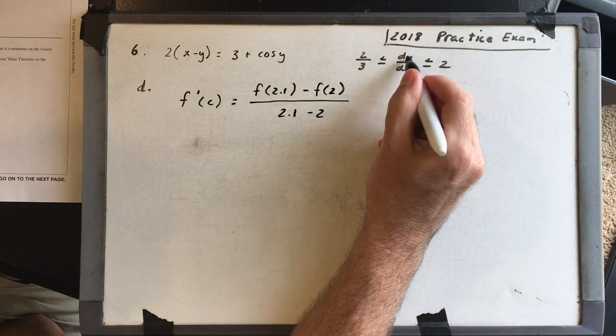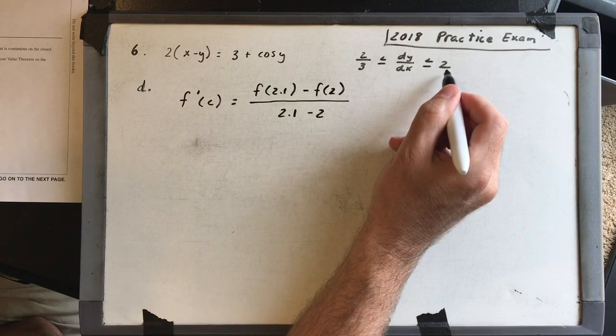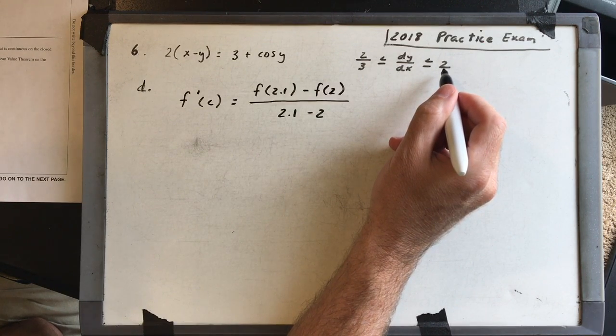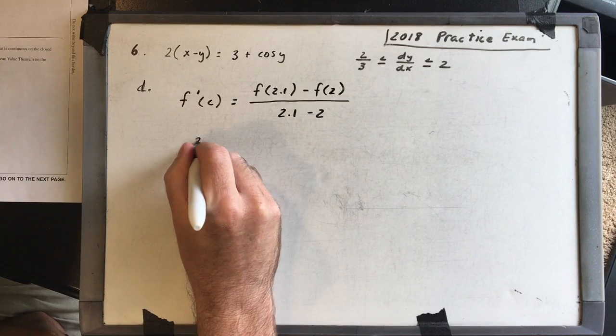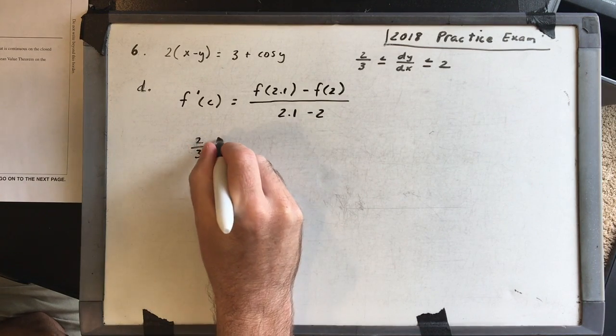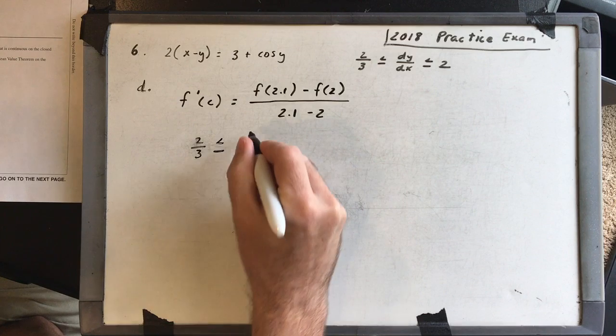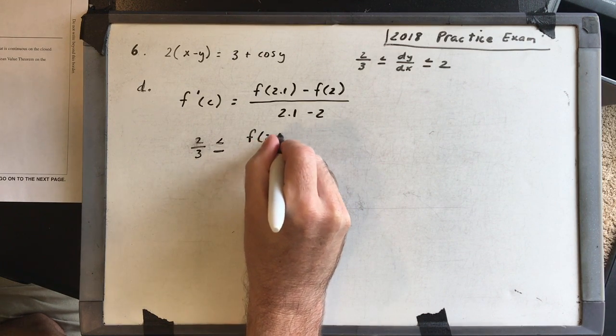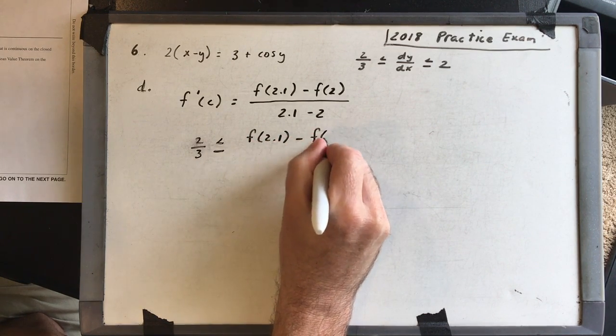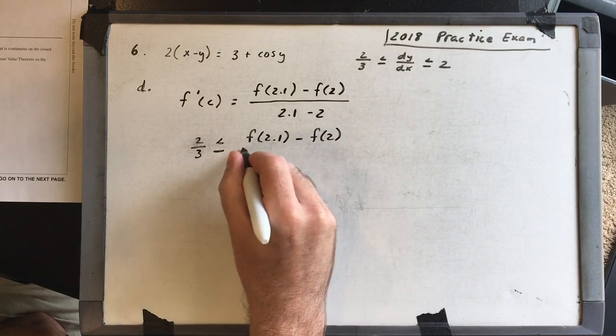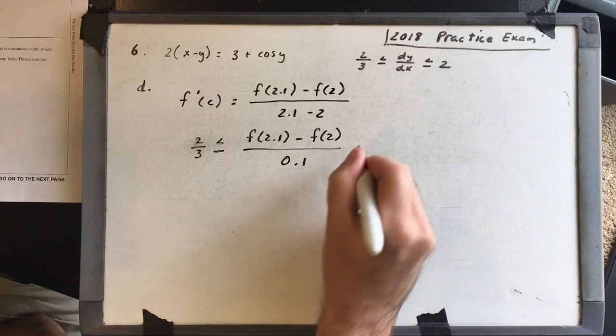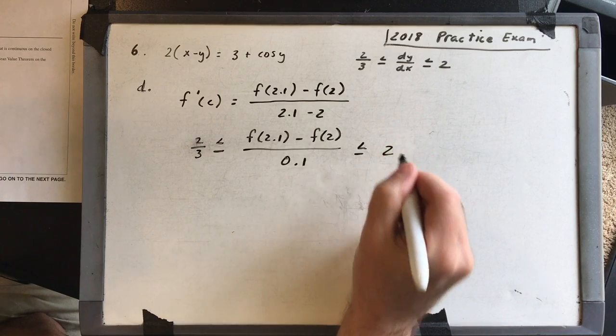Okay, so we know that dy dx is always between 2/3 and 2. So you'd have 2/3 is less than or equal to f of 2.1 minus f of 2, over 2.1 minus 2, which is 0.1, and that's going to be less than or equal to 2.